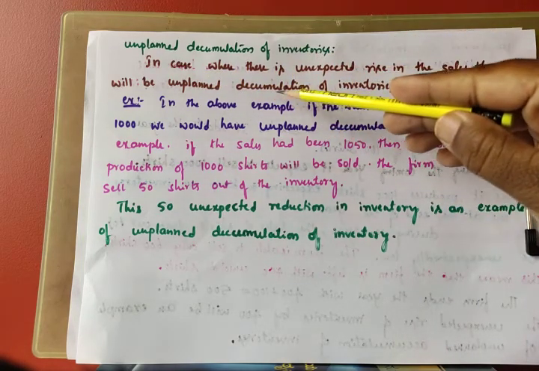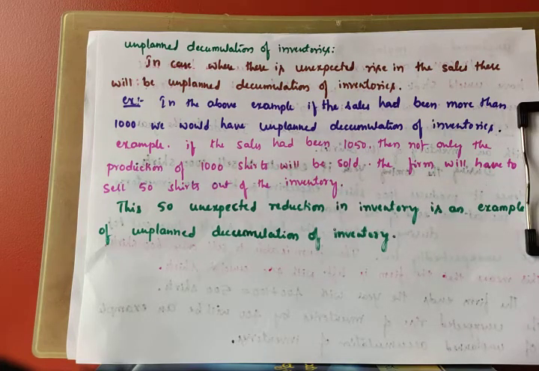These will be unplanned decumulation. Don't forget, unplanned accumulation means unexpected fall in sale, but unplanned decumulation means there is an unexpected rise.